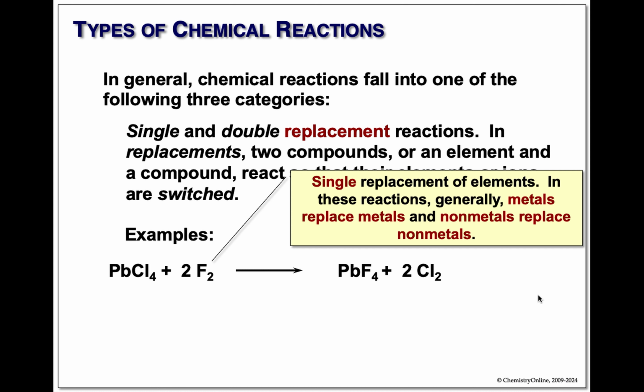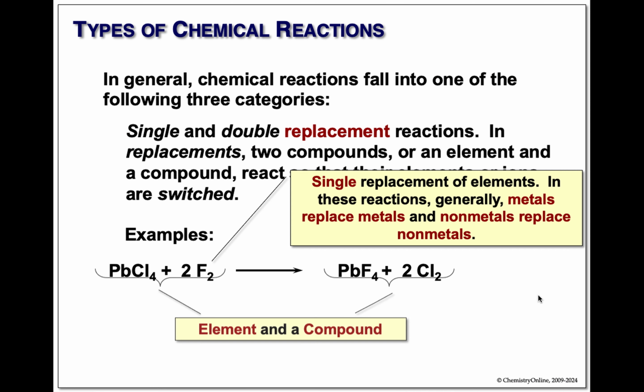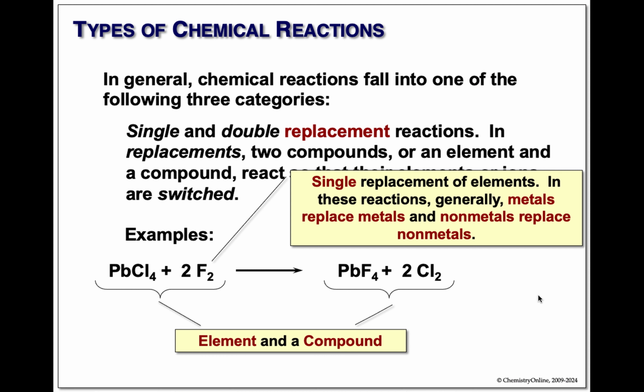But what we've done is swap the fluorine for the chlorine. In general, the rule is that when you have a single replacement, metals will replace metals, non-metals will replace non-metals. The signature for a single replacement: element and a compound, giving an element and a compound.